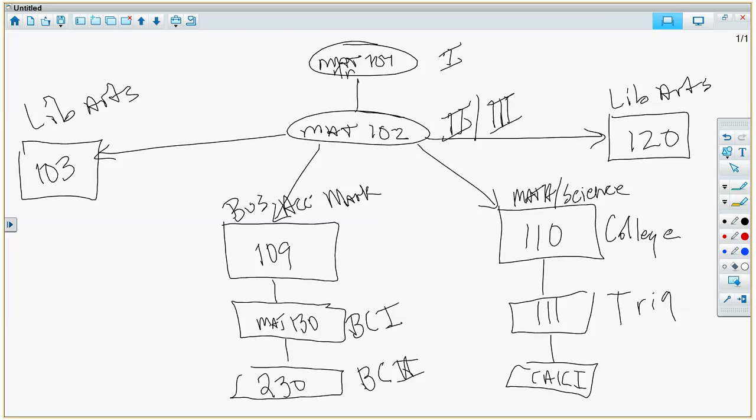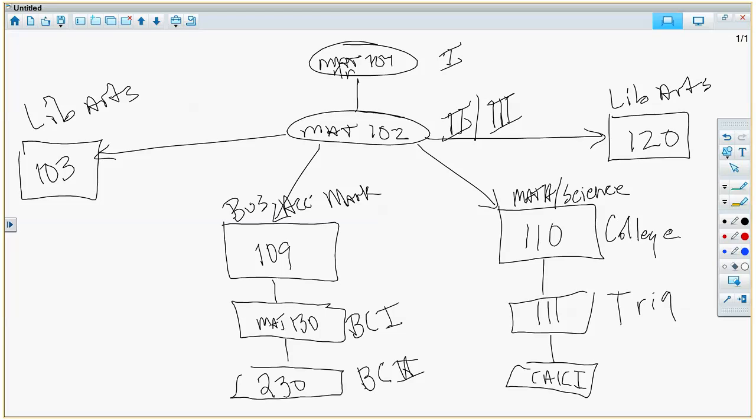Yes, ma'am. Where would physical therapy fall into? Now, physical therapy is one of those things like radiology. They want you to have some 110 and 111. Okay? Why? Because physical therapy, you got to know angles. You got to know angles like crazy. Your knee, knee joints. So I would probably suggest that you do the 110, 111.